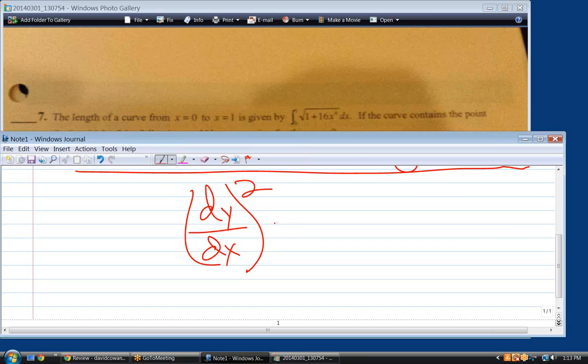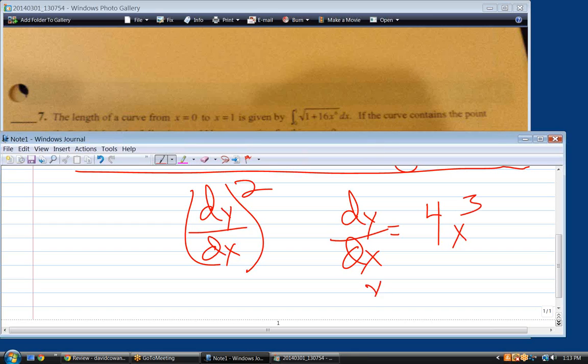Okay, so what is dy dx? If dy dx squared is 16x to the 6th, then dy dx is what? It would just be 4x cubed plus 1. Yes. Okay, so now we know dy dx.